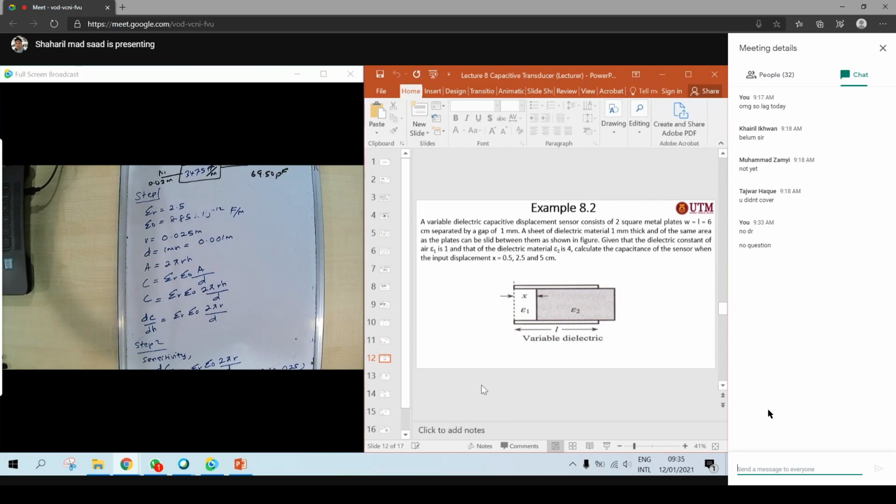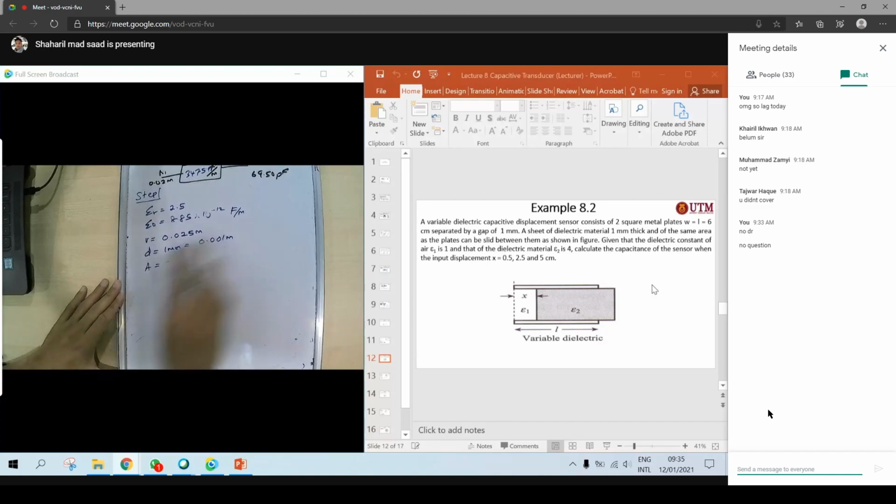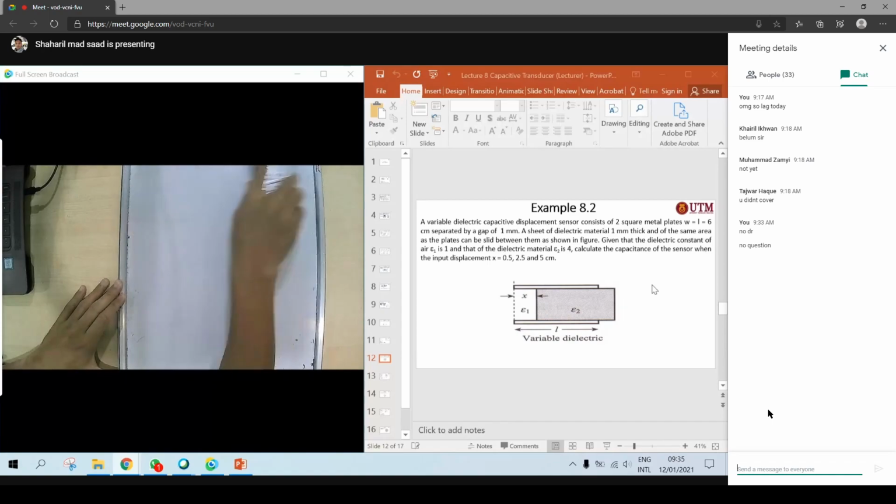Example 8.2, where you play around with the dielectric. So the area and also the distance of this dielectric capacitor will be fixed, and you just play around with the dielectric constants E1 and E2 here. A variable dielectric capacitor displacement sensor consists of 2 square metal plates, W equal to L, equal to 6 cm, separated by 1 mm.